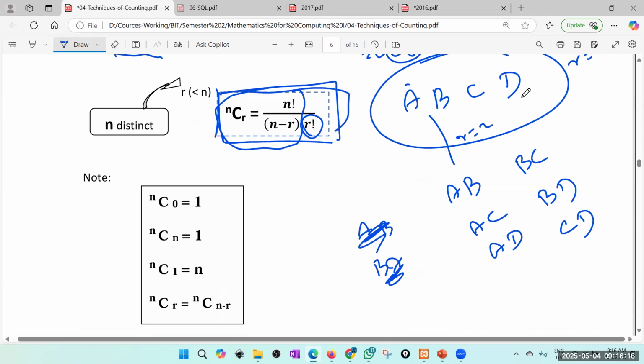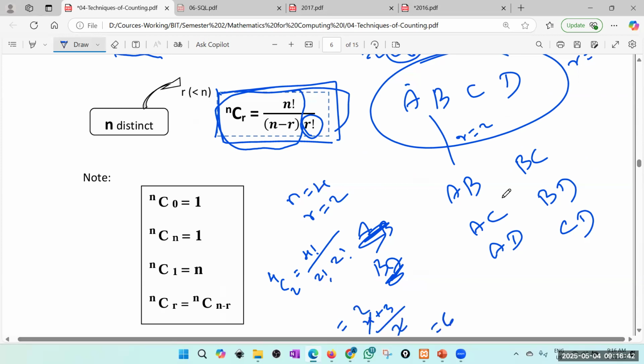Let's apply it here. n is 4 and distinct, and we take only 2, r is 2. So 4C2 is factorial 4 divided by factorial 4 minus 2, and again factorial 2. 4 into 3 into 2 into 1 is cancelled with this one, and again divided by 2. 3 into 2 is 6. Yes, we have only 6 ways.